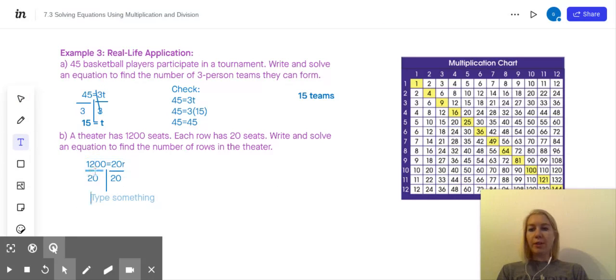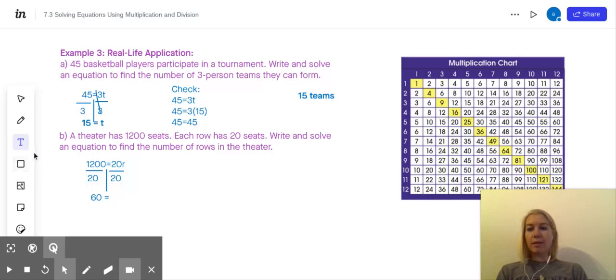I know 1,200 divided by 20 is 60. And if you're not sure, you could take a 0 away from both of the numbers, and it'd be 120 divided by 2, and that's 60.